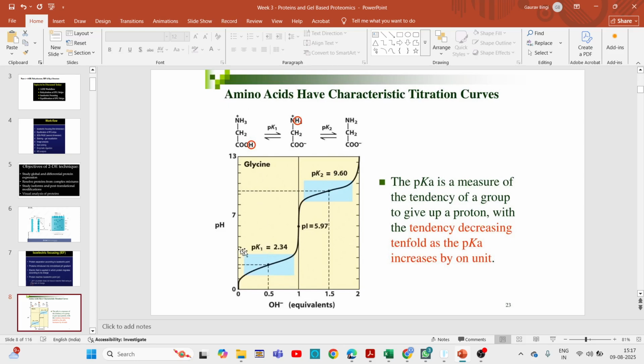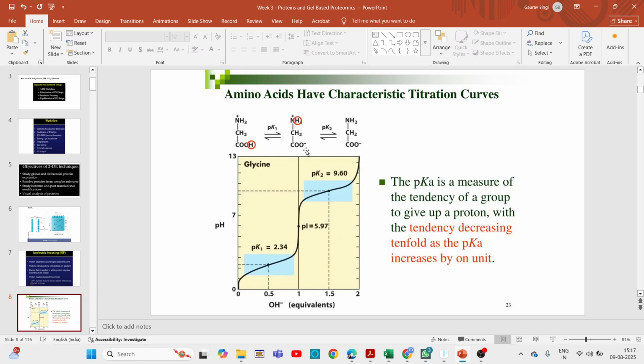Generally in acidic conditions, proteins are positively charged, and there will be a point at which H plus ions and OH minus ions are at a state where, for this specific protein, one of the H plus ions will be lost because OH minus is increasing, right? As we go towards the basic pH, OH minus ions are increasing. So one of the ions gets removed, and similarly there are similar numbers of H plus ions as well, and because of that there will be NH3 plus as well as COO minus.